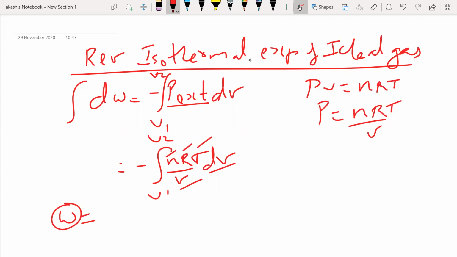Please do not use the formula which I'm going to write for any process. It is exclusively for the reversible isothermal expansion of an ideal gas only. Please be very, very careful.